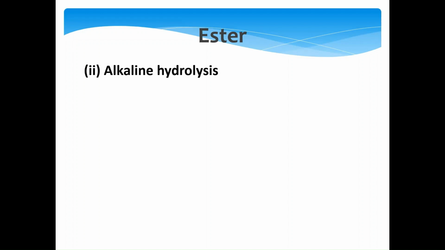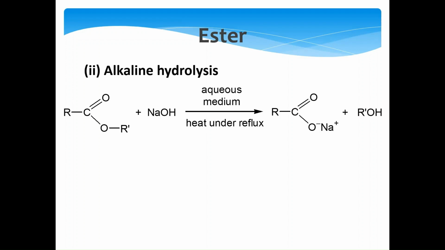And the second hydrolysis is alkaline hydrolysis. For alkaline hydrolysis, we heat with NaOH aqueous. Take note that this is actually an irreversible reaction. So when you write the equation, please make sure that you use a single arrow instead.